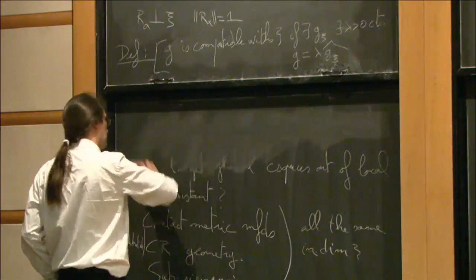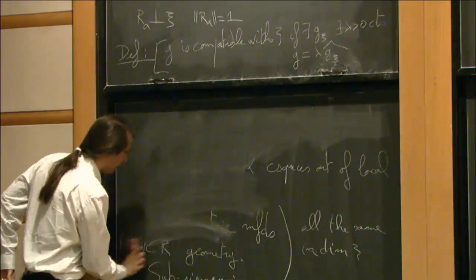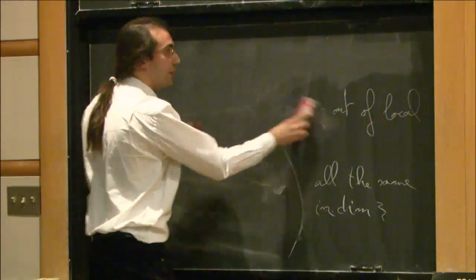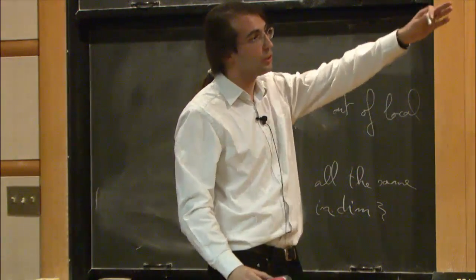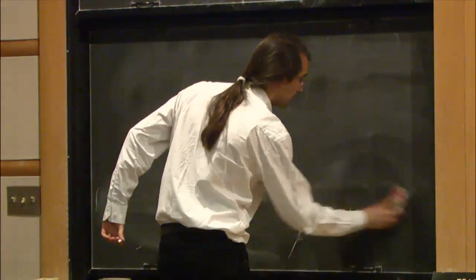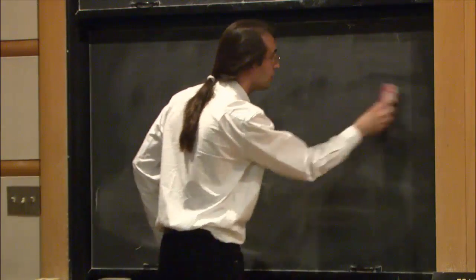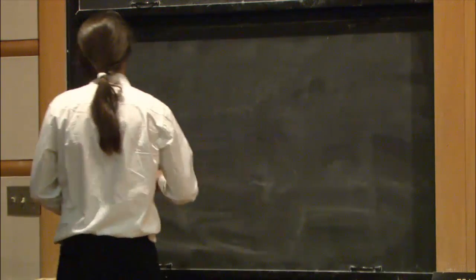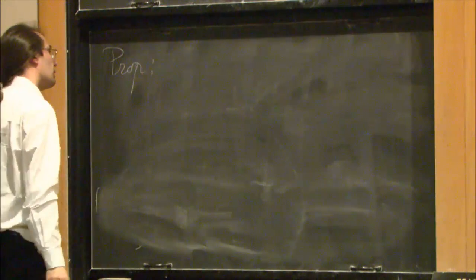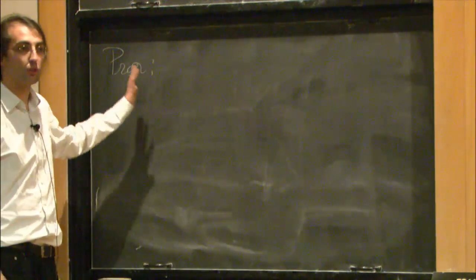So I've got a class of metric, and I claim that this class of metric in particular proves that the idea of mimicking geometrical tautness, asking that H is 0, was a bad idea, or at least not sufficient. So there is a proposition, but I don't know who proved that, but probably Chern.